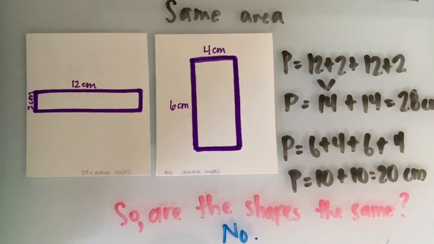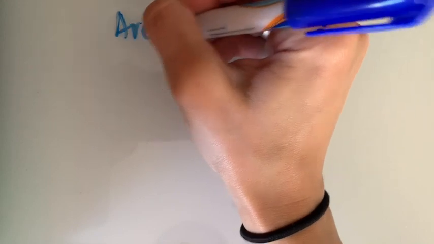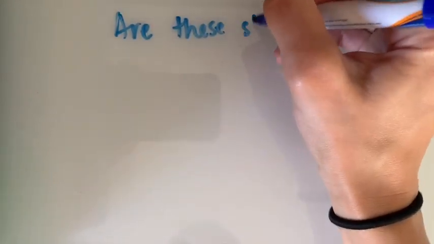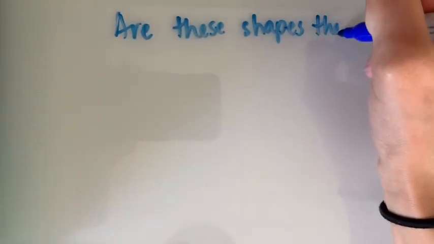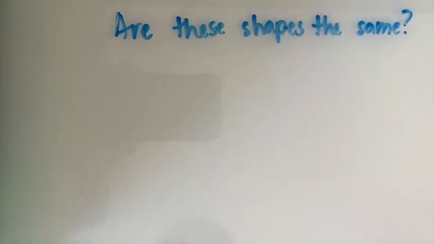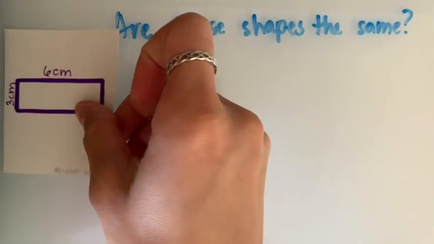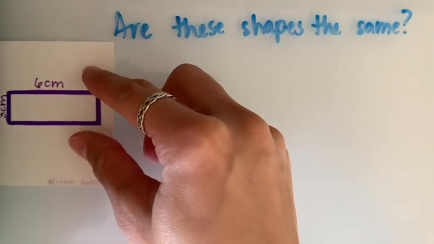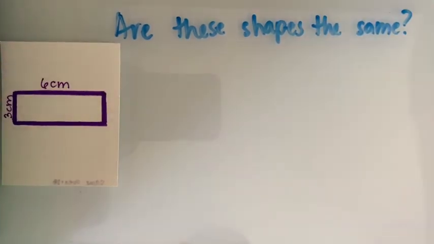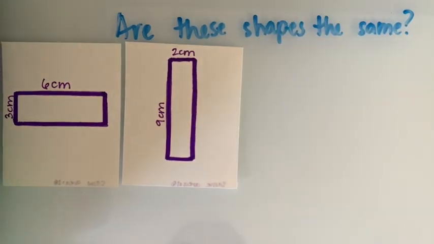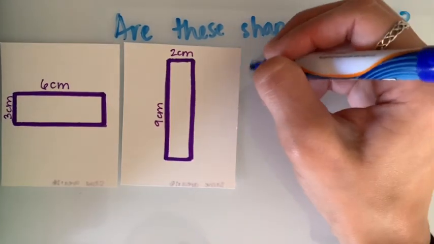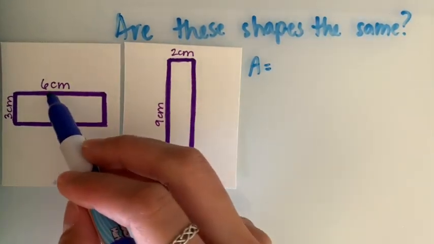So let's look at another example. Are these shapes the same? Remember, that's the main question that we're trying to answer. We have figure number one and figure number two. We're going to find the area first of the first figure.